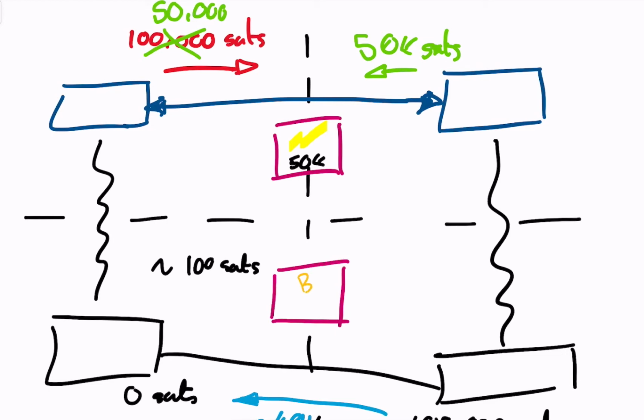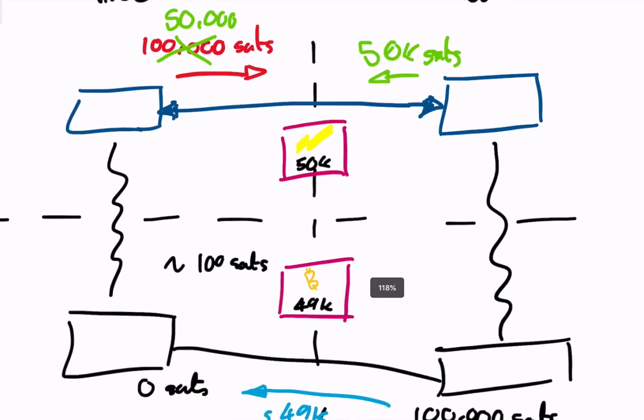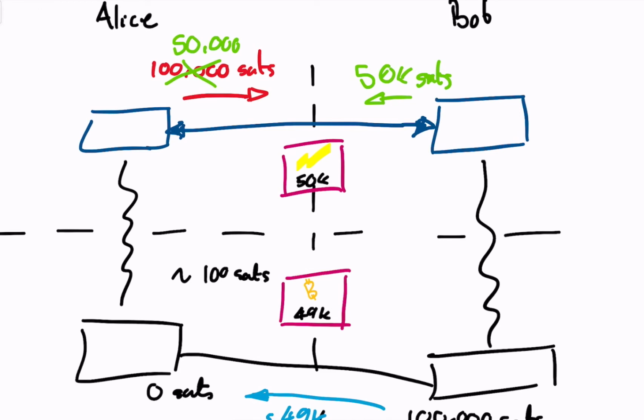Now in this box, we're going to put some on-chain Bitcoin. And this is going to be Bob's 49,000 on-chain Bitcoin. This is going this way, and this one is going this way.